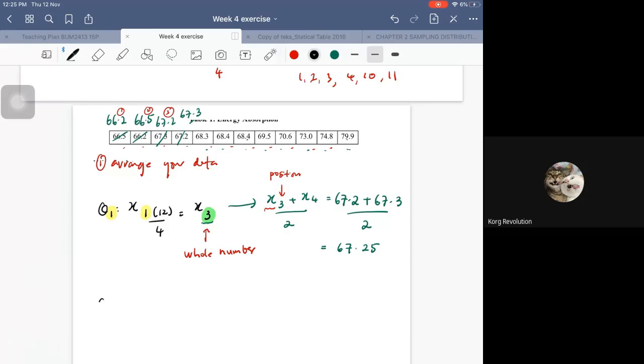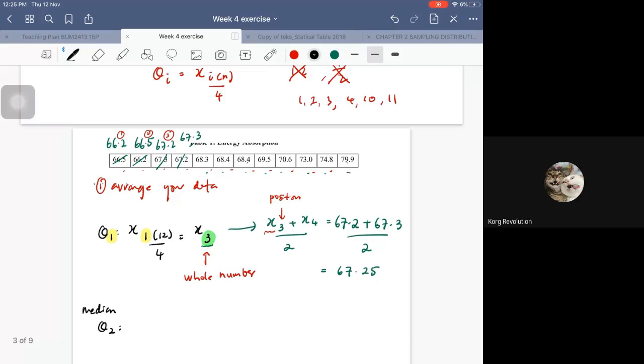Then I'm going to proceed to quartile number 2. But remember, quartile number 2 is actually the same as finding the median, and that is a very easy way of finding the median. For example, how many data do I have here? I have 12. So I'm going to divide that by 2, which is 6 and 6. So this is the first 6 data, 1, 2, 3, 4, 5, 6, and this is the other 6.